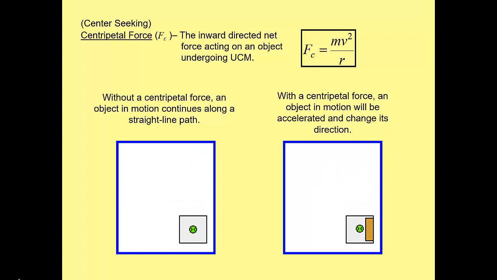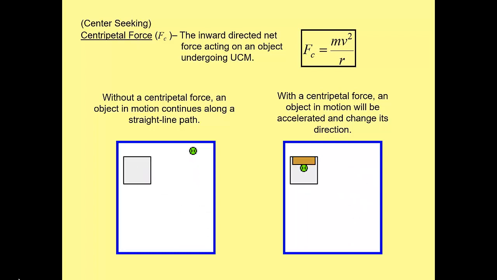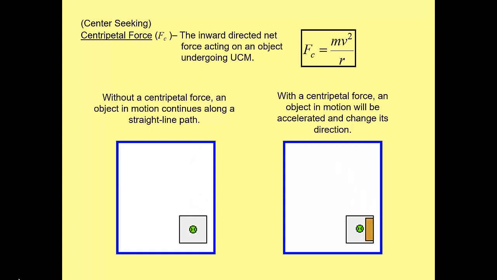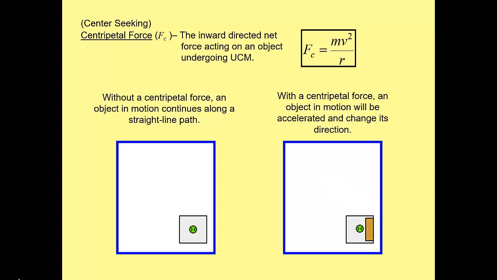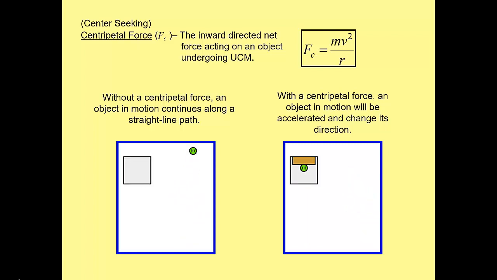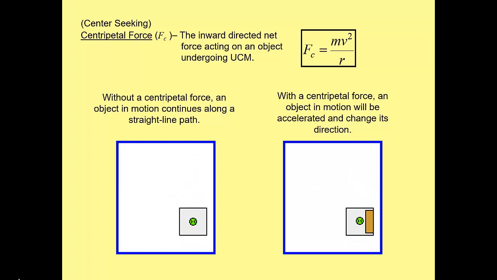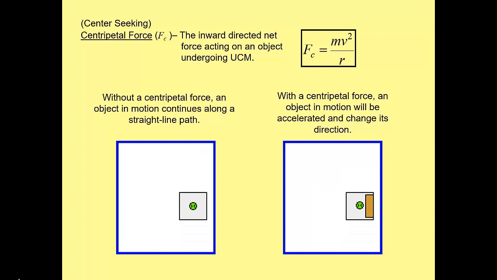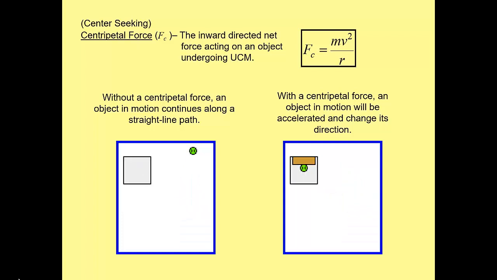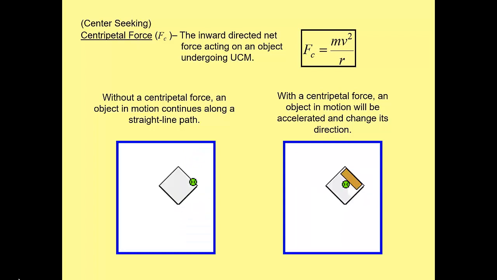So when it hits the wall, the wall pushes in on the ball. Ball pushes outward on the wall, wall pushes inward on the ball. It's a Newton's third law interaction. So the wall is providing the force that keeps the ball moving in a circle instead of going along its inertial path.